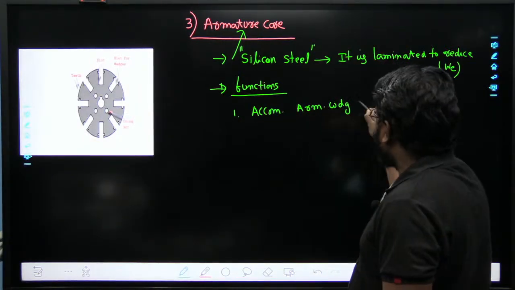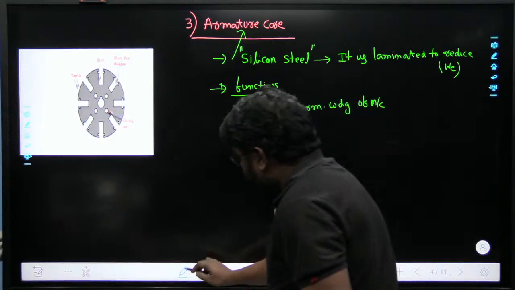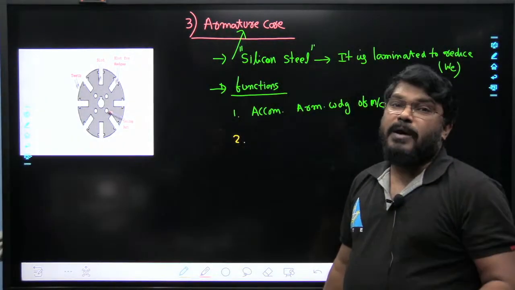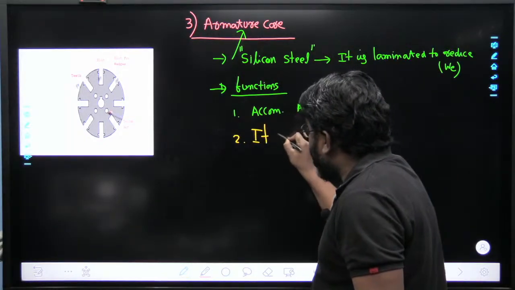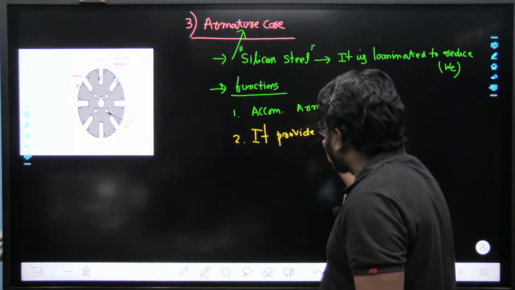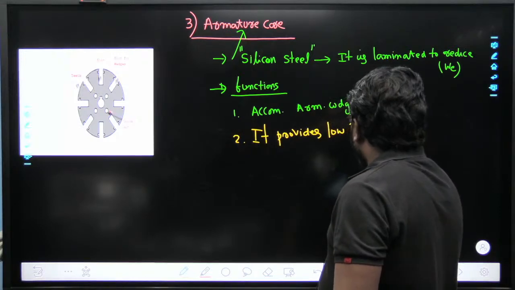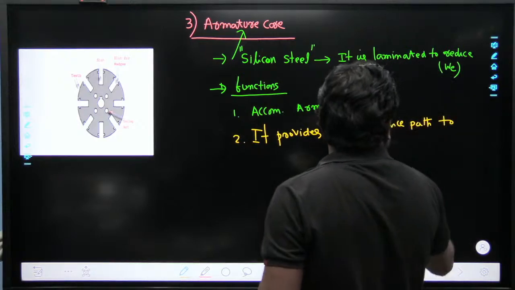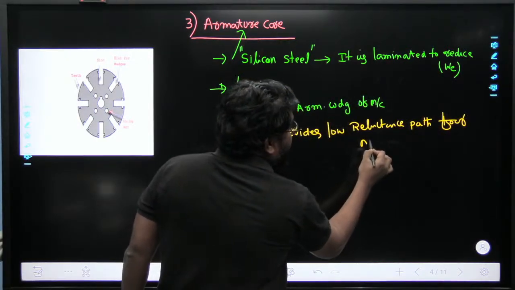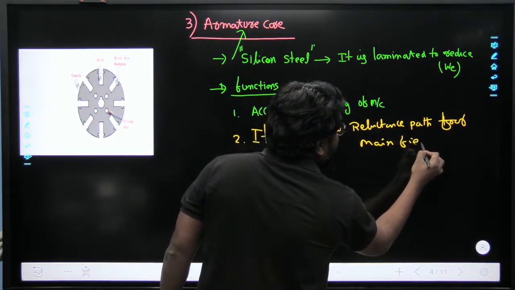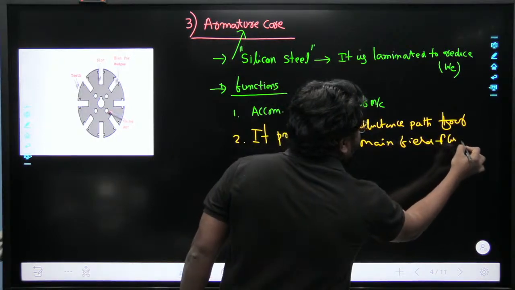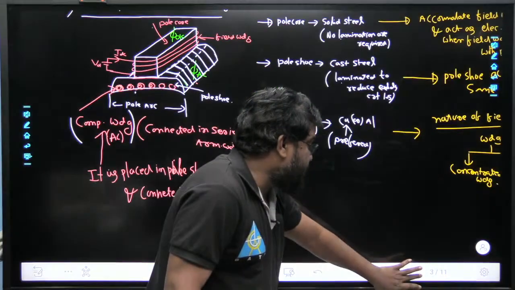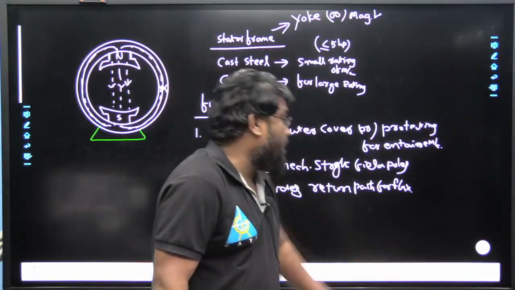And the second function is that it provides a low reluctance path for the main field flux to flow, so the flux lines pass from one pole to another pole.